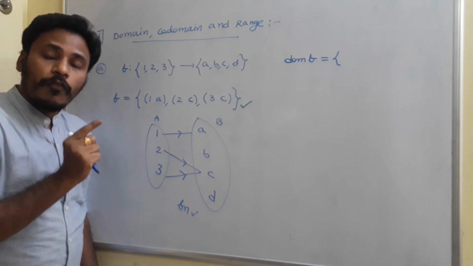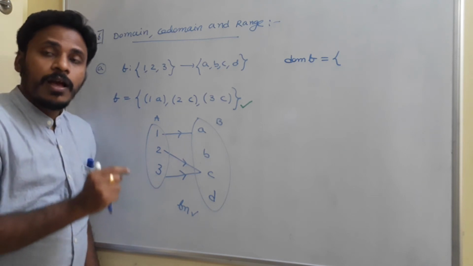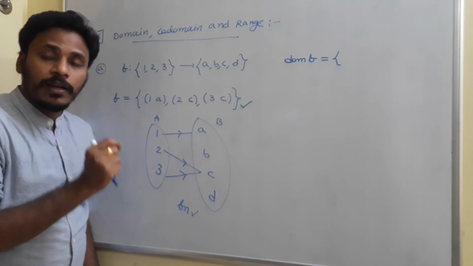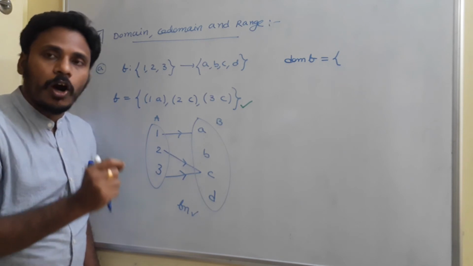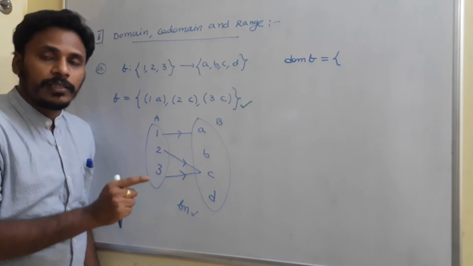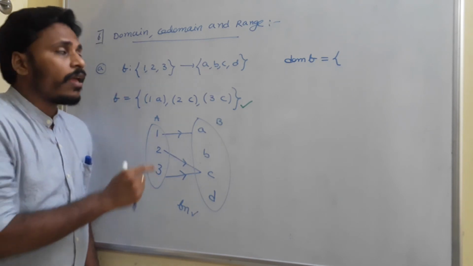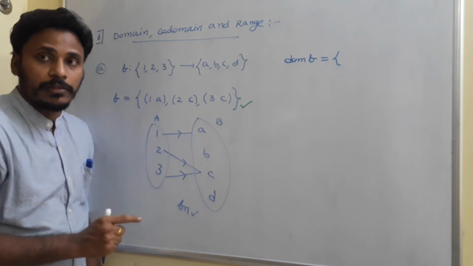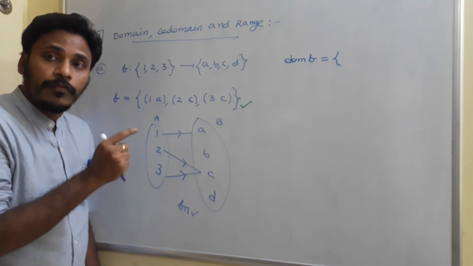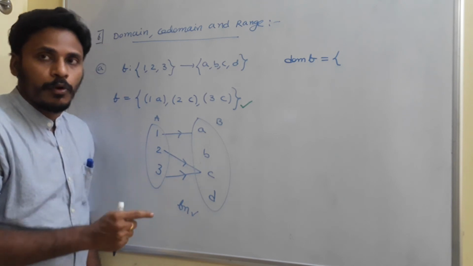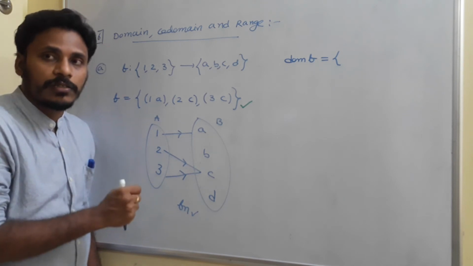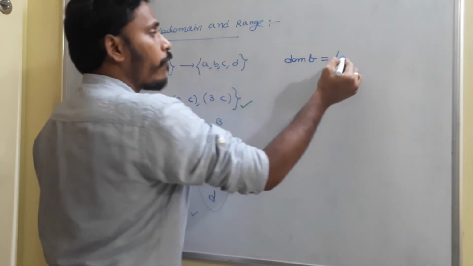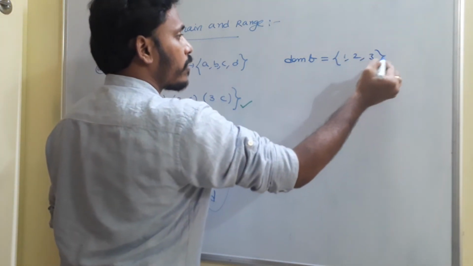The domain of a relation is the first elements of the ordered pairs of the relation. Here, for a function, every element of the first set must have a unique correspondence. Since every element of the first set has a unique correspondence, in the case of functions, for sure the domain of f will become the first set.